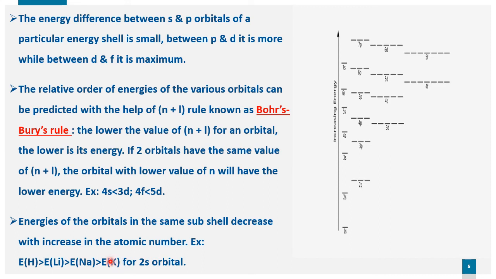That means you imagine 19 protons controlling the 2s electrons, strong control. So potassium will control 2s like anything. So 2s orbital in potassium has very least energy, no freedom at all. That's why this order: lesser, lesser and more. So 2s orbital in hydrogen has more energy because it is not under the control of the nucleus that much, whereas because of the 19 protons, it is controlled very much in potassium.